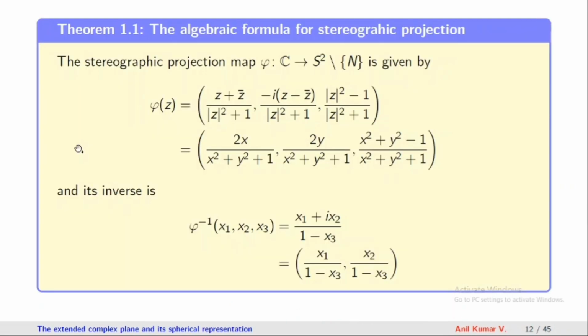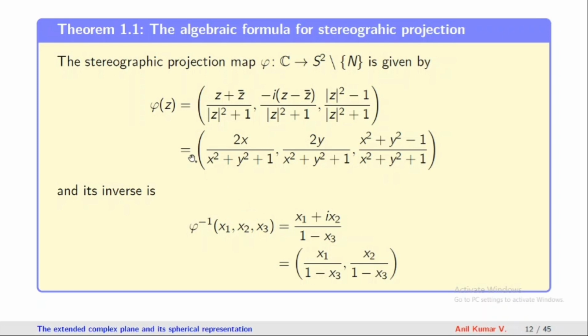Next, I am going to prove an algebraic formula for stereographic projection. If z is any point in the complex plane, then its spherical image is given by phi of z is equal to (2x divided by x squared plus y squared plus 1, 2y divided by x squared plus y squared plus 1, and last coordinate x squared plus y squared minus 1 divided by x squared plus y squared plus 1).